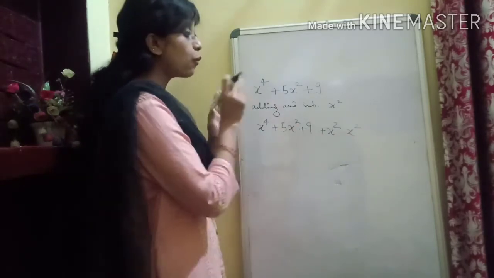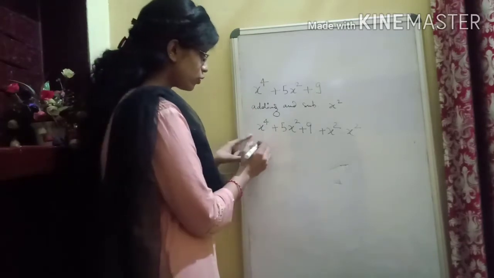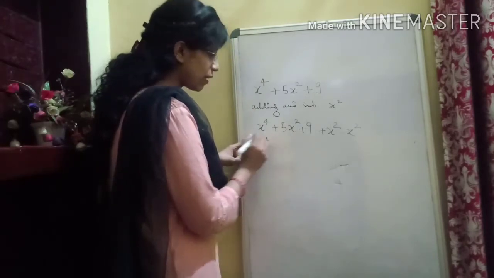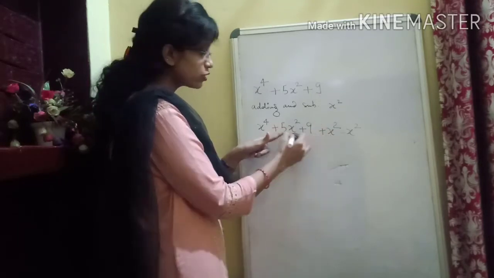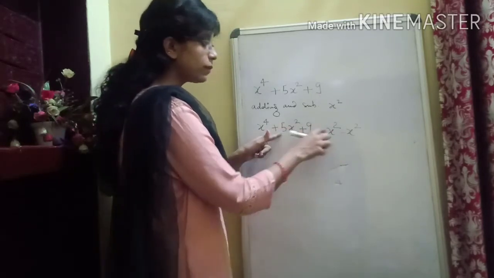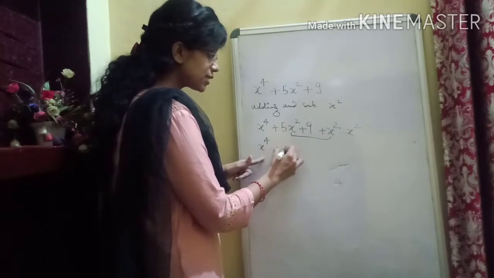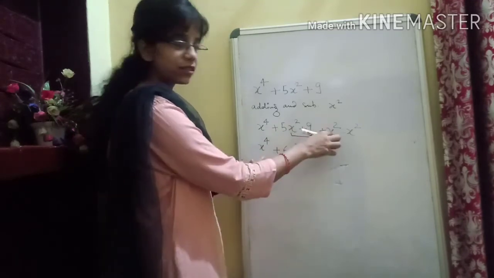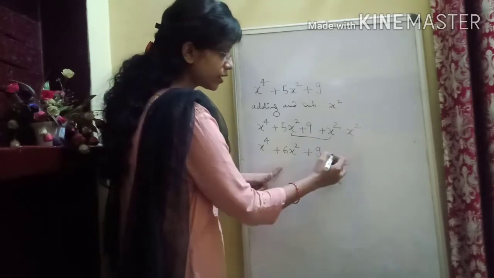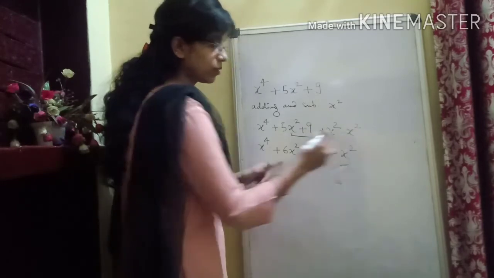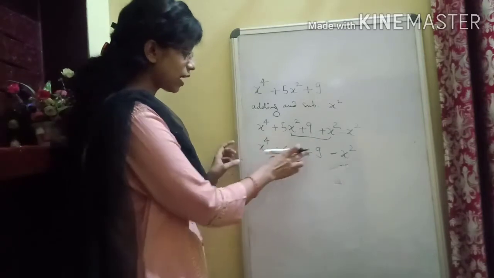Okay. So now why are we doing this? I'll show you. So here if I am writing x to the power 4 and this 5x square and this x square I am taking together. So 5x square plus x square will give you 6x square, since they are the like terms, and then I am taking plus 9, and then we are left with minus x square. Okay. Now when you take this, I'll show you.